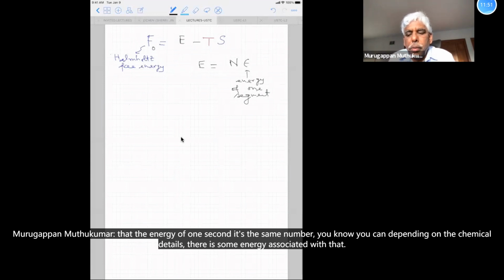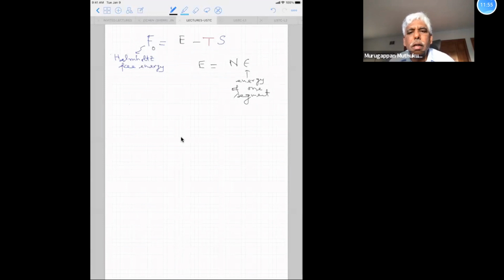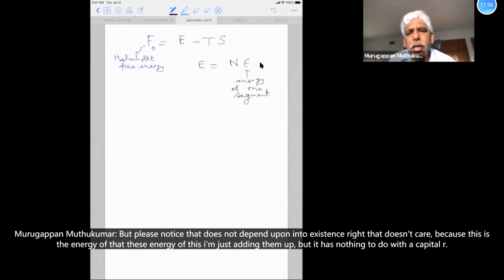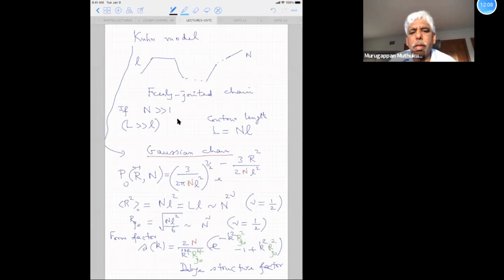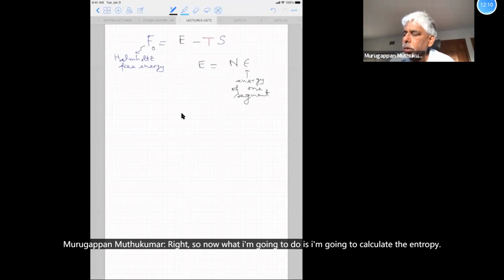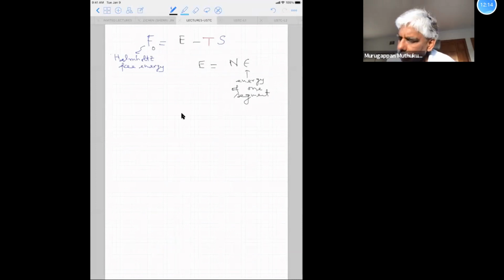Depending upon the chemical details, there is some energy associated with that. But please notice that it does not depend upon end-to-end distance, right? It doesn't care, because this is the energy of that, this is the energy of this. I'm just adding them up, but it has nothing to do with the capital R, right? So now what I'm going to do is calculate the entropy, all right?